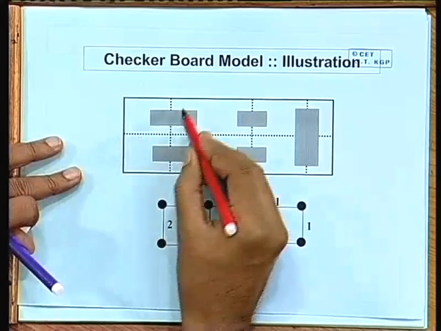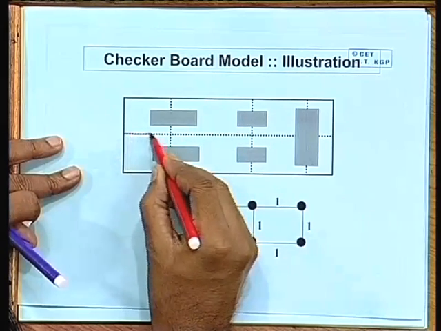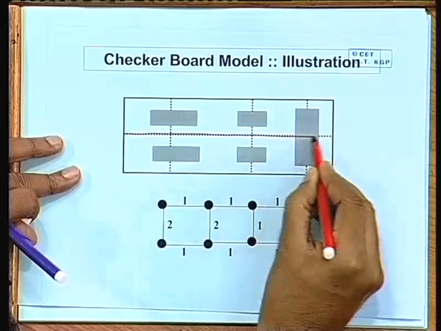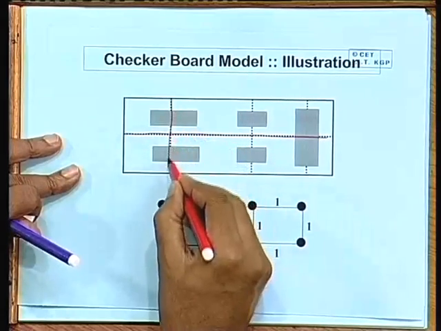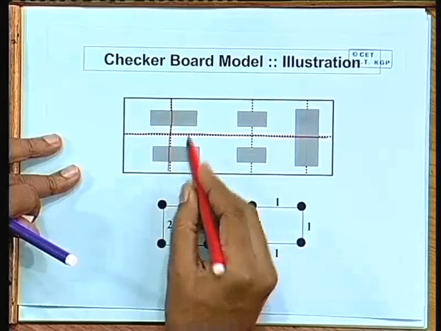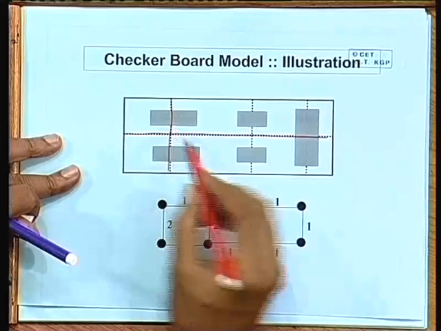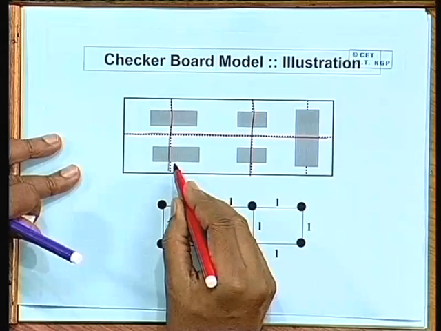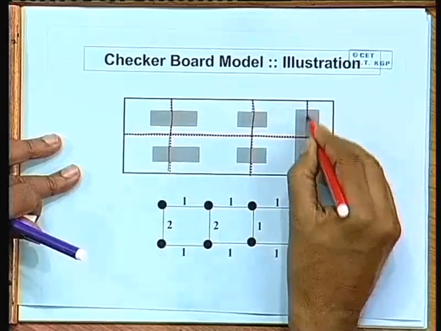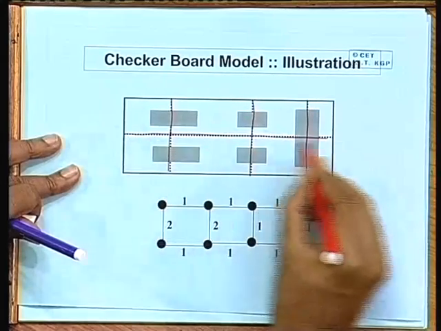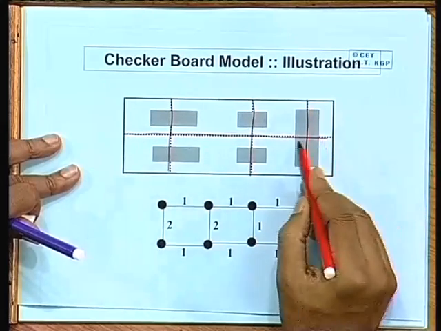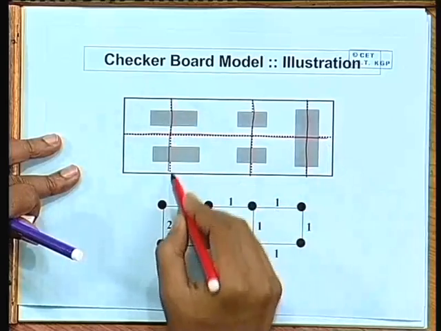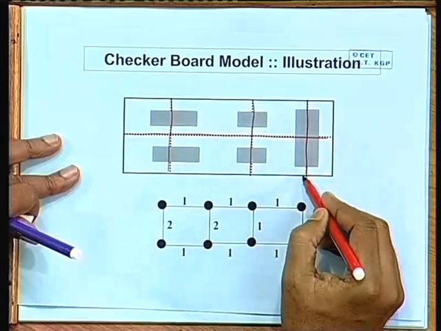Let us consider these imaginary lines. An imaginary line will be cutting an obstacle only once. So, you do not cut one obstacle twice with a horizontal or a vertical line. A horizontal line can cut an obstacle only once, a vertical line can cut an obstacle only once.